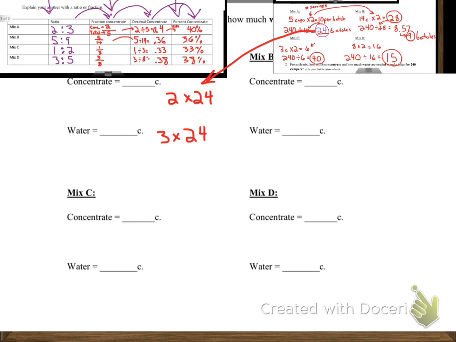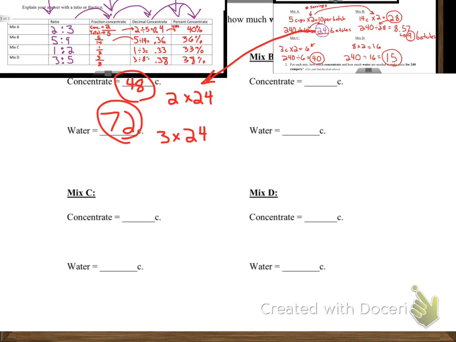And 2 times 24 gives me what? 2 times 24 gives me 48. And 3 times 24 gives me 72. And all I did was take that ratio, take that recipe, and times it by how many batches I'm going to need. Easy.